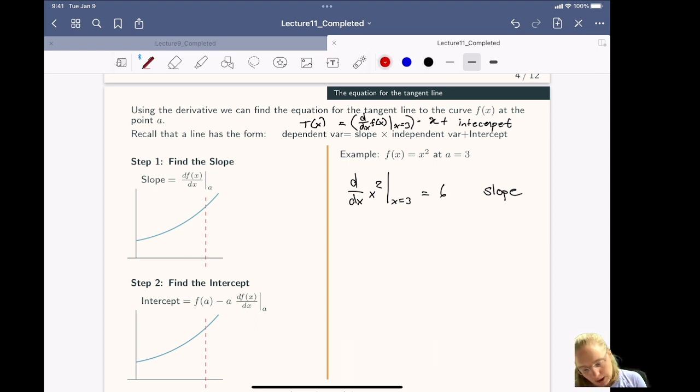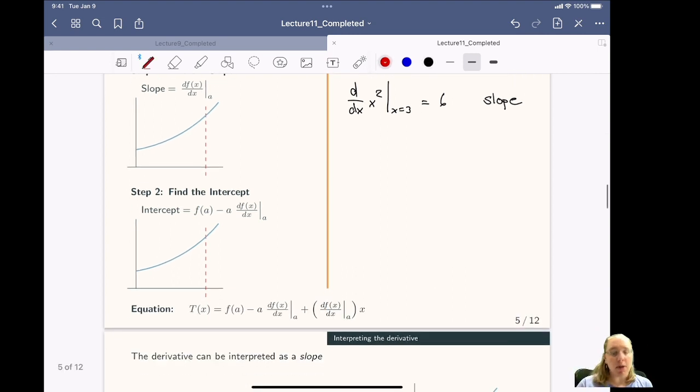Well, the easiest way to find the intercept is to think about what we're trying to do here. So we're trying to find the intercept of this tangent line to this curve. Now, what does that mean? Well, it means that we take the value of the function at a, that's that point there, and we know the slope of this, and we want to say, okay, what if I take that slope and I travel backwards minus a units?